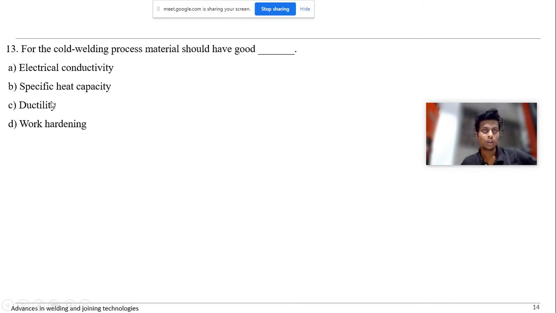So it should have good ductility. That is the main thing. If work hardening is there, then again because of work hardening, the strength will increase. So the ideal weld, like a proper weld, we won't achieve. So these are thermal related properties. We are mainly concerned about the ductility of the material in cold welding. So C is the answer.